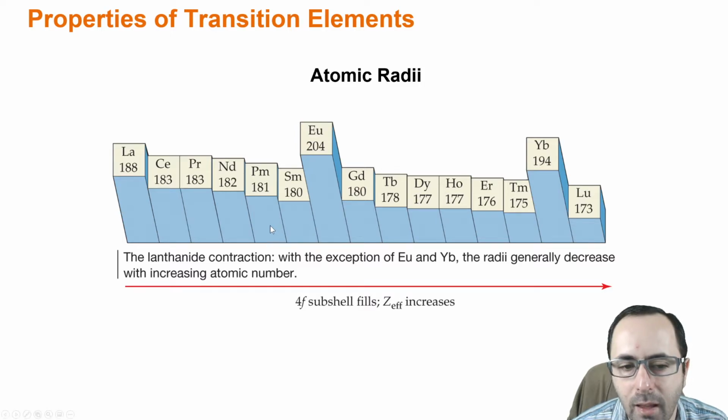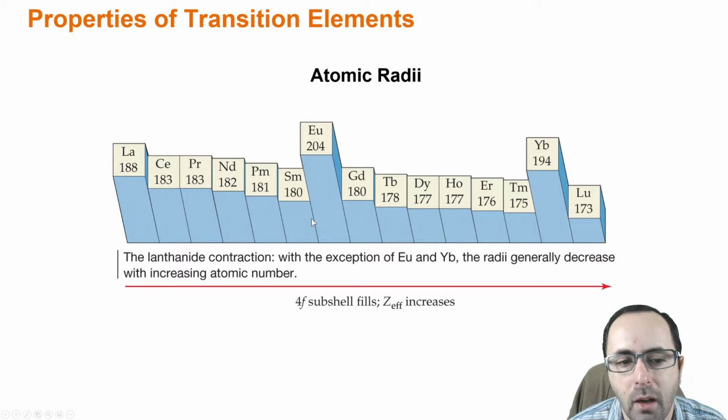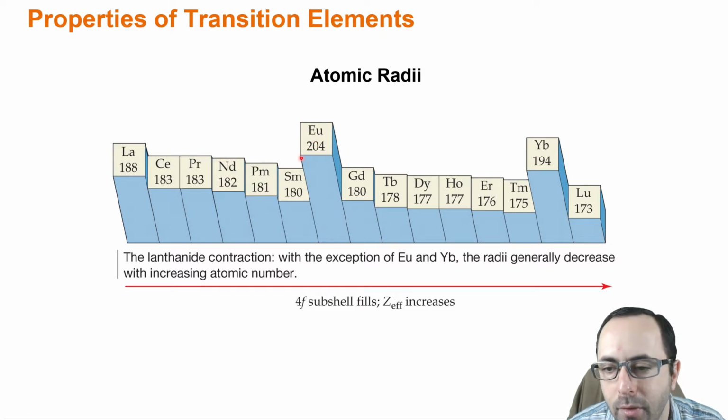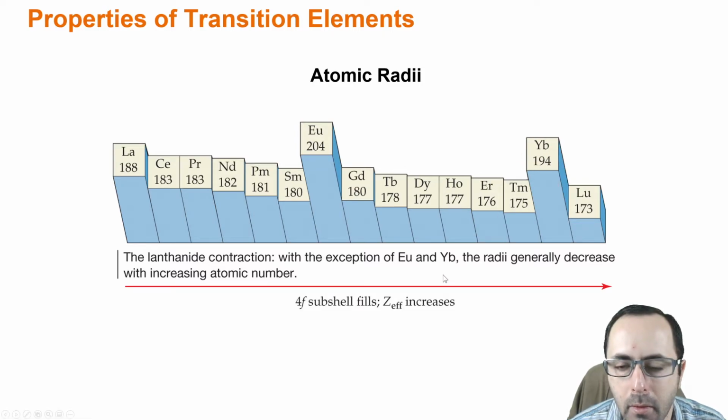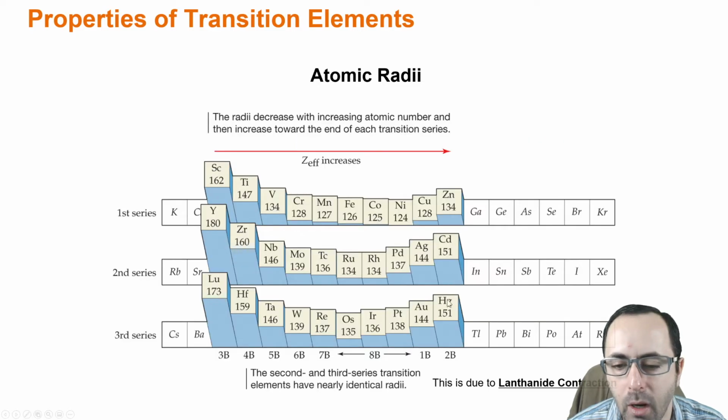And then you've got the same kind of pattern you saw with atomic radii and metallic property with the main group elements, which is that there's a bump here in radius for the stable half full f, and then for the full, which is the Yb here, which you don't have to remember that.